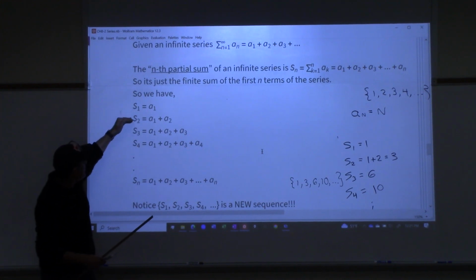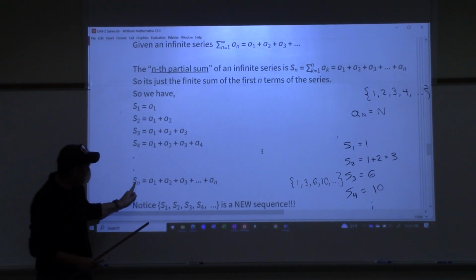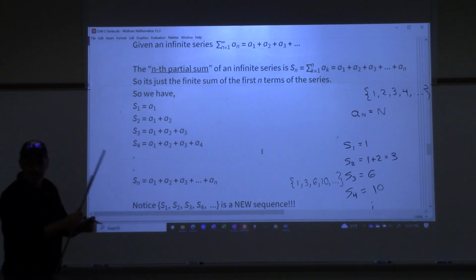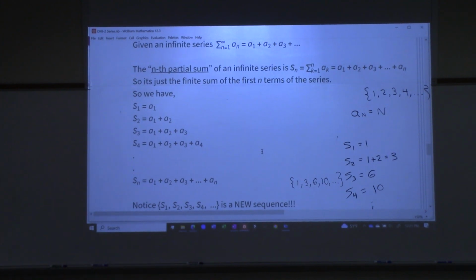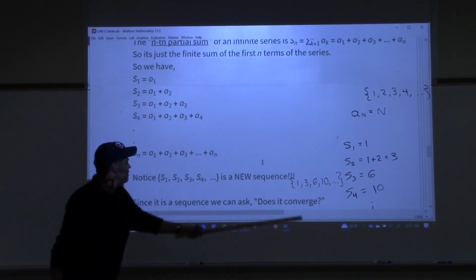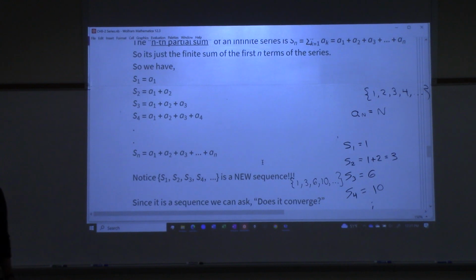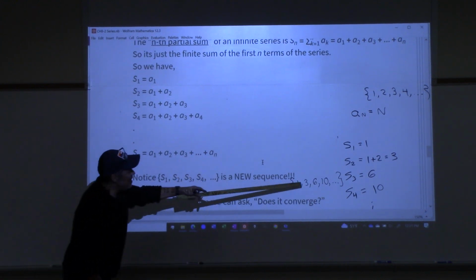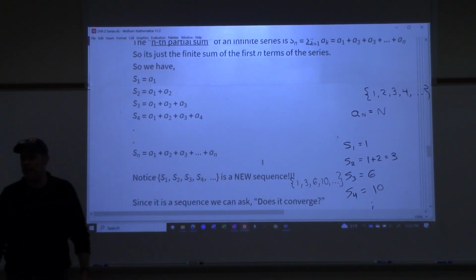So S sub 1, S sub 2, S sub 3, S sub 4, and then you get down to S sub n, where you stop at the nth one. Again, notice that this creates a new sequence. And our question is whether or not that sequence converges.